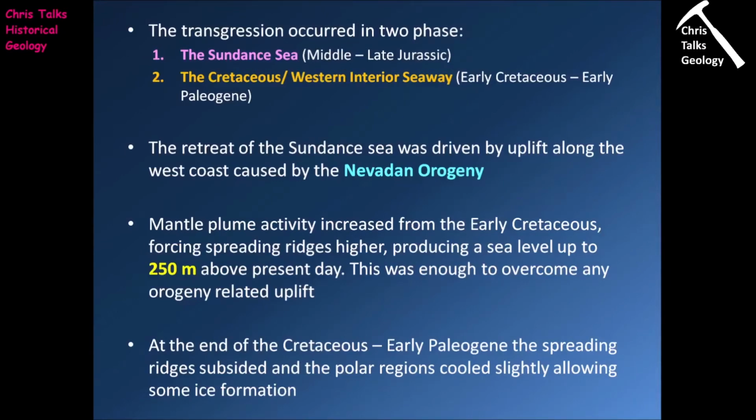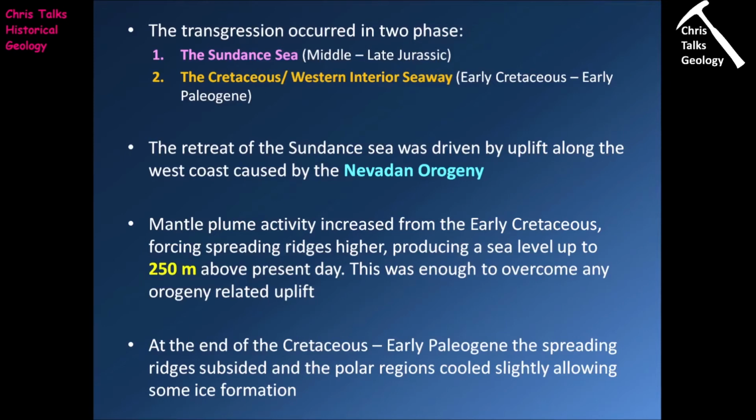So the formation of the Zuni sequence took place in two phases. The first phase of the marine transgression produced what's called the Sundance Sea, and that was between the Middle to Late Jurassic. So the formation of the Sundance Sea was driven by a general global sea level rise, and obviously the ocean then moved onto the continents. Now, as we move into the late Jurassic, we begin to see the Sundance Sea retreating.